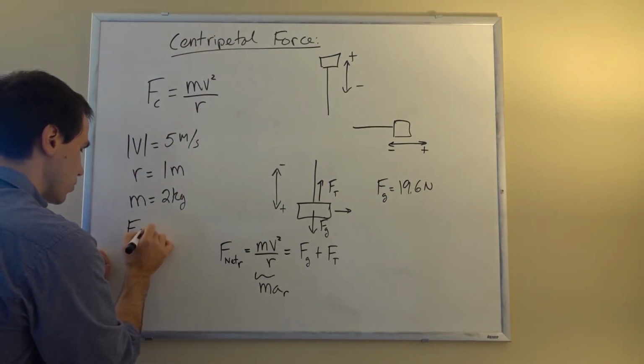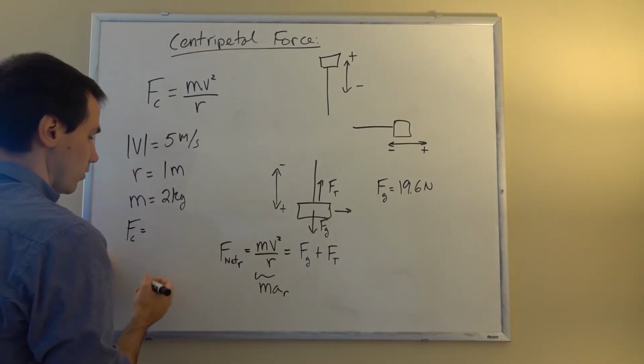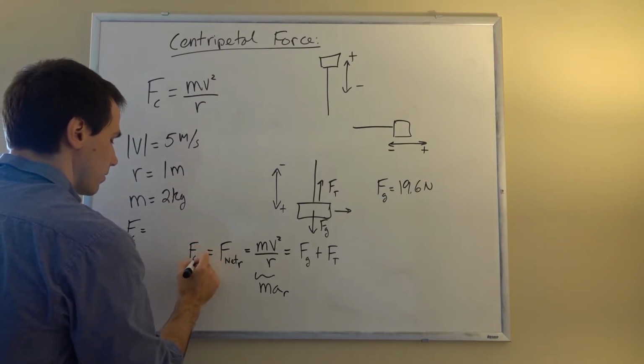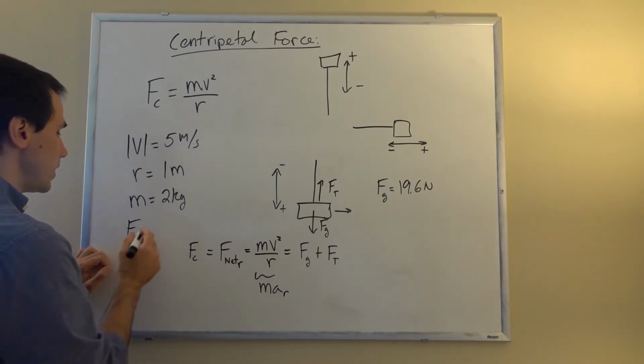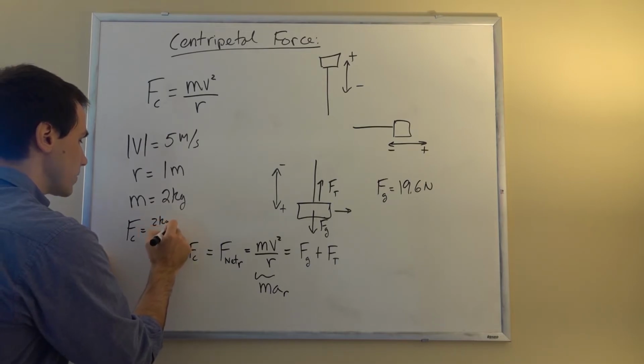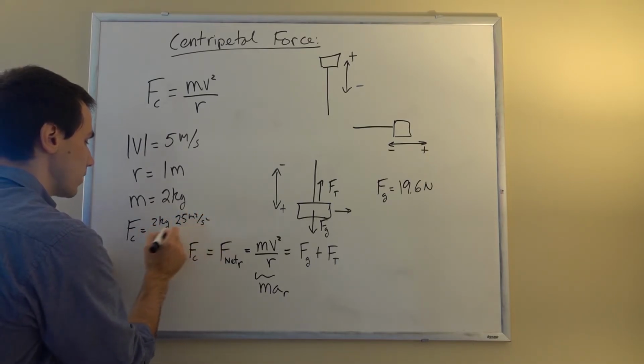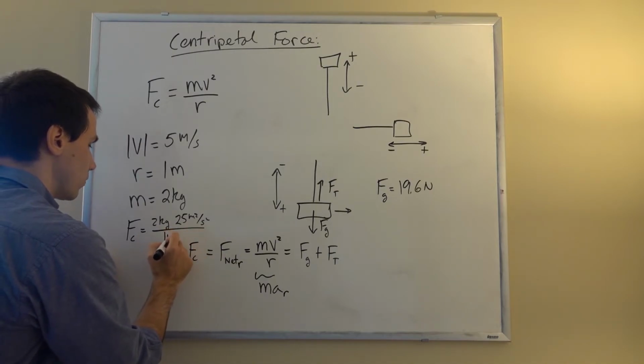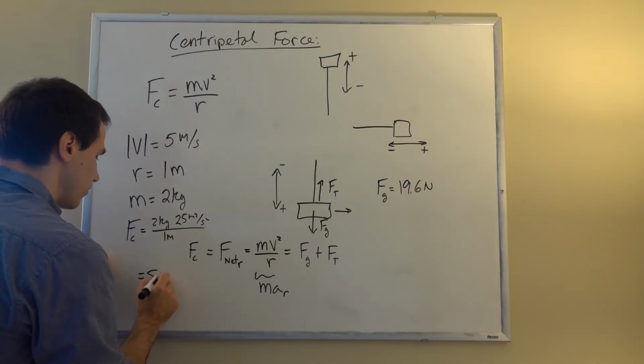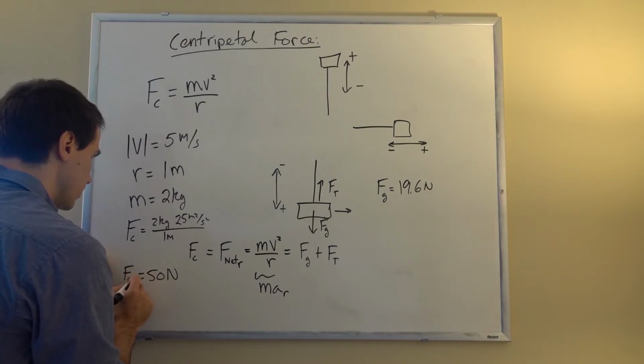Okay, so we know the value of the force of gravity. We know that the centripetal force is mv squared over r, so I can say this is going to be 2 kilograms times 25 meters squared per second squared, all divided by 1 meter, which looks like 50 newtons.